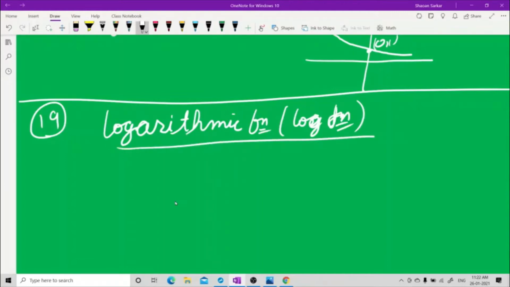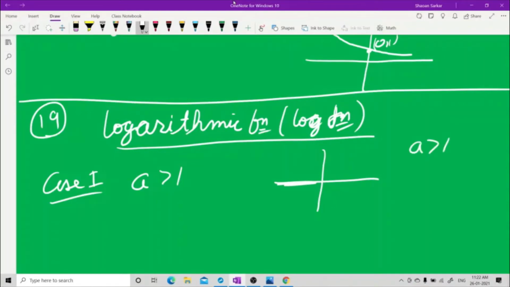Now in this case, we have two situations again, as we had in the previous case. One is for a greater than 1. For this, the graph would be like this. See, log is not defined for negative numbers, so this axis is of no use for me. Now, this is for a greater than 1.